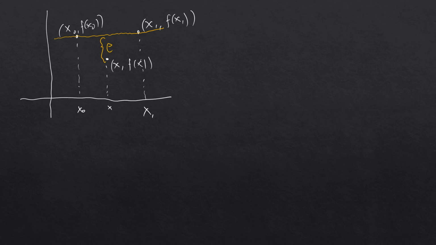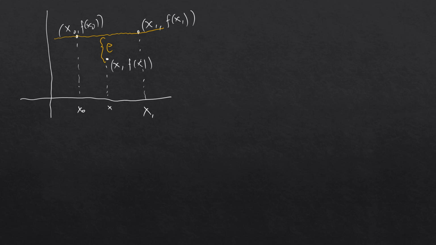But if we are going to introduce some curvature into our data points, we can minimize the error between the approximated value and the actual value f of x. So in this case, we will be needing a third point.